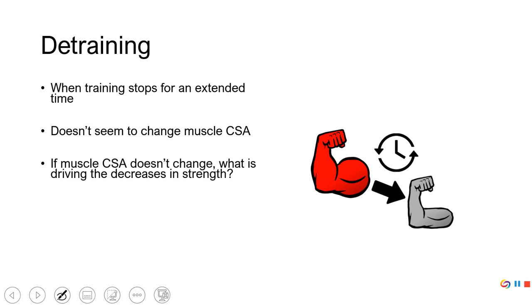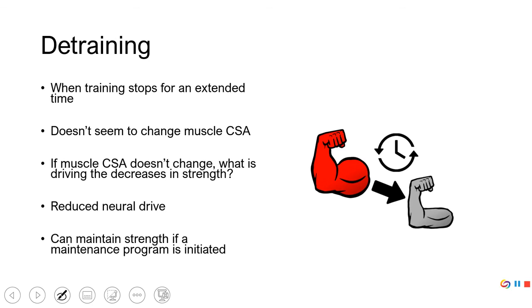What we think is occurring is your nervous system says, I don't need to dedicate or have the ability to recruit these muscles because I'm not in a spot where I need to recruit all these motor units. To prevent detraining, a maintenance program can help maintain strength gains, even though you're not putting in as much effort as you were to get to those strength gains. And so that's where we're going to end on the muscular adaptations to anaerobic exercise or resistance training.